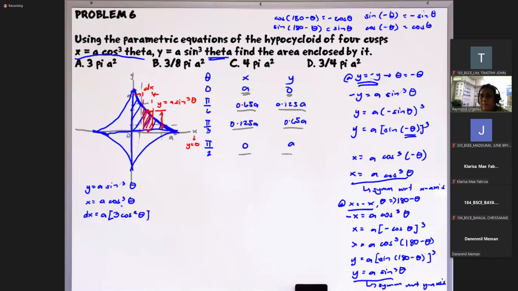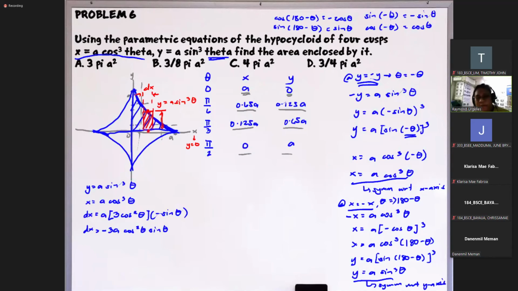The exponent is multiplied, and 3 minus 1 is 2, so cosine squared. By chain rule, multiplied by the derivative of cosine, which is negative sine of theta. Simplifying this, you will get negative 3a cosine squared of theta multiplied by sine of theta.